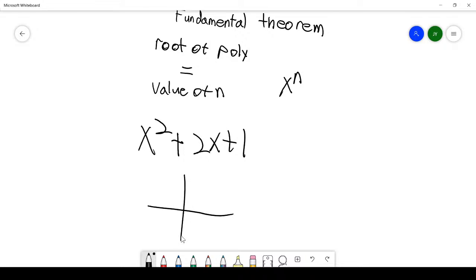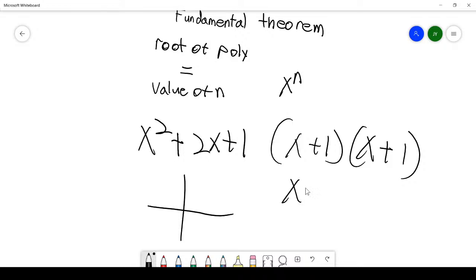Let's graph this, right? This would be a polynomial, but it would have two clear roots, x plus 1 and x plus 1.